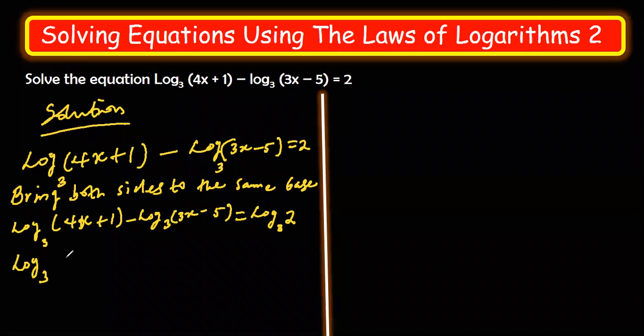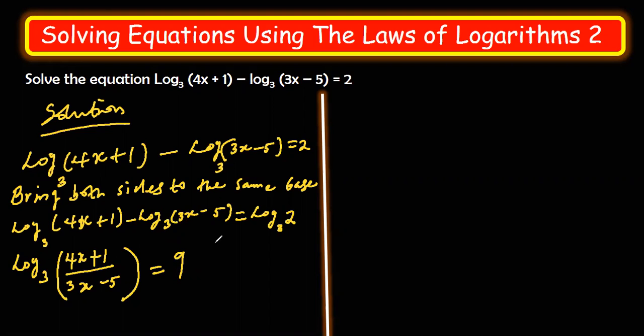So let's put brackets here: (4x + 1) divided by, since it is negative, applying the subtraction law, it is going to be division, (3x - 5). You can bracket it, and equal to 9. Log 2 in base 3 is 9. You can do that calculation by yourself, but I think it is very simple, it is self-explanatory.